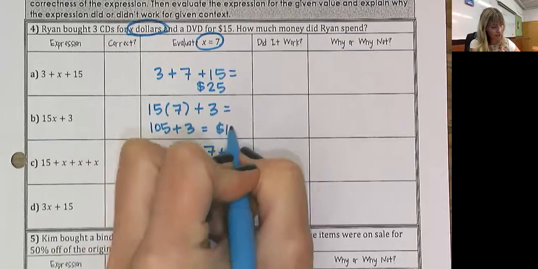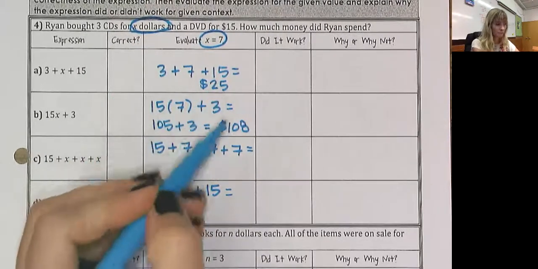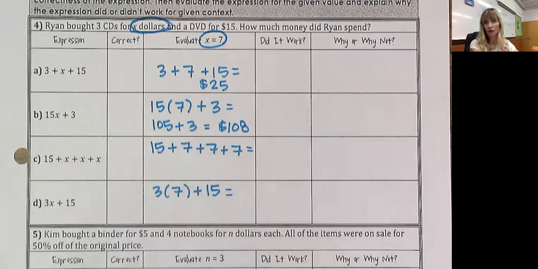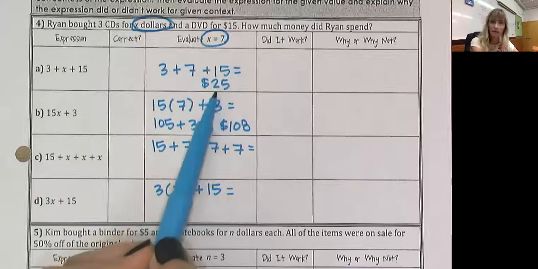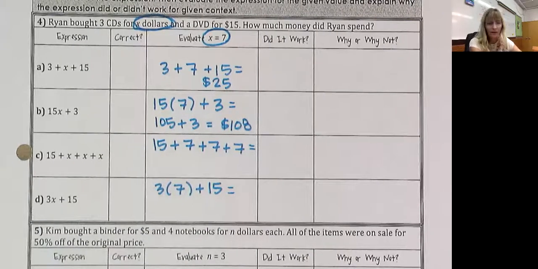That is a drastically different answer, which tells me one of those two is certainly not correct. They can't both be correct. You can't go in a store and be like, I want 3 CDs and this DVD, and have one time they say $25 please, and one time they say $108 please. You'd be like, wait, what?